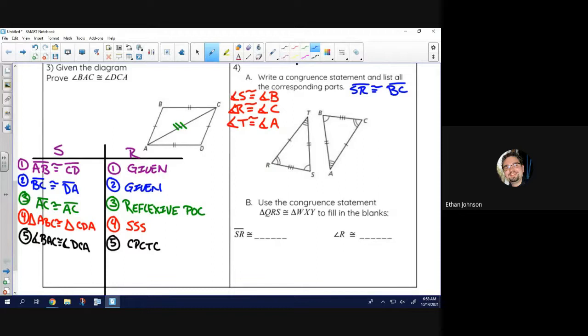Remember, we have to go in the same order as our first one. I know RT has one tick mark, matches with CA with one tick mark. I also know TS has two tick marks, so that has to match with AD.